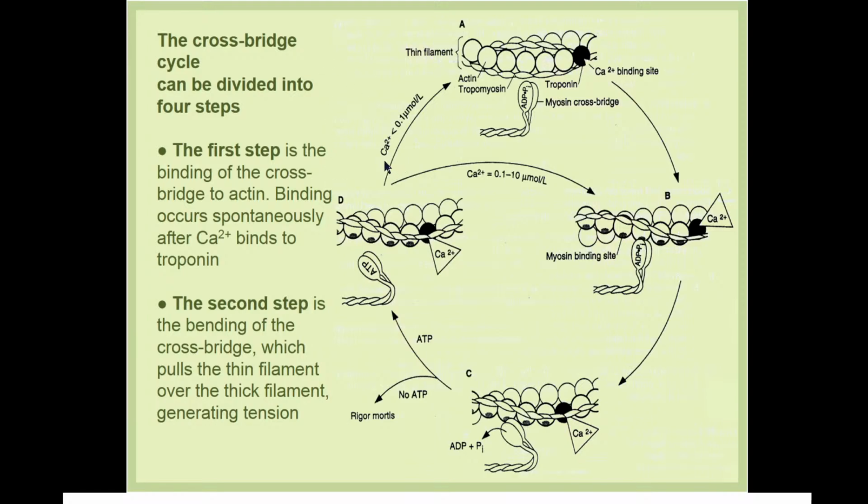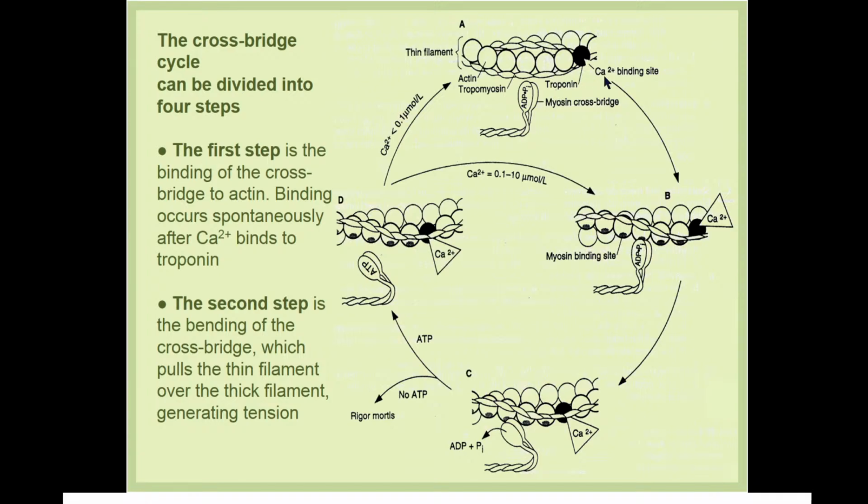You can see that at this concentration of calcium, at the rest state of the skeletal muscle fiber, there is no binding between the cross bridge of the myosin filament and the actin of the thin filament, because the places where these two, actin and myosin, can develop a connection with one another are hidden by the tropomyosin.